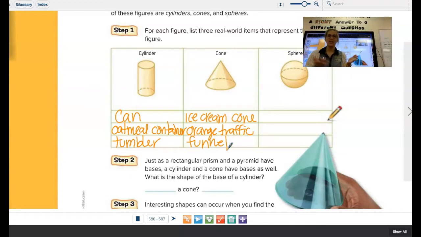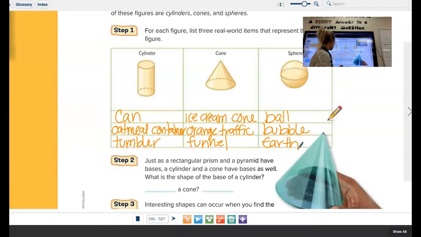A sphere, obviously, is a ball, whether it's a basketball, volleyball, baseball, soccer ball, any type of ball. You also have a bubble. And another one would be the earth. The earth is round. So those are all real world examples that you see.